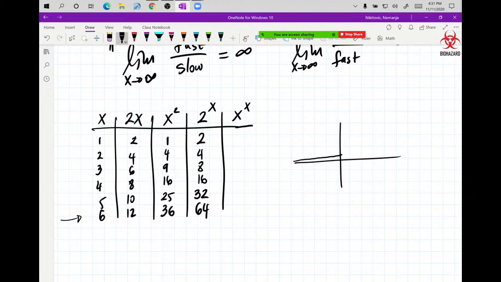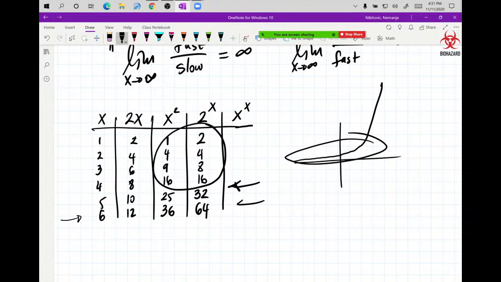Lame, lame, lame, lame, lame, lame, boom! Lame, and then boom. So it needs time to catch up. You can see that, trying to catch up with x squared. The first 4 values are the same or lower than x squared, and then on the 5th, and absolutely destroying them on number 6.